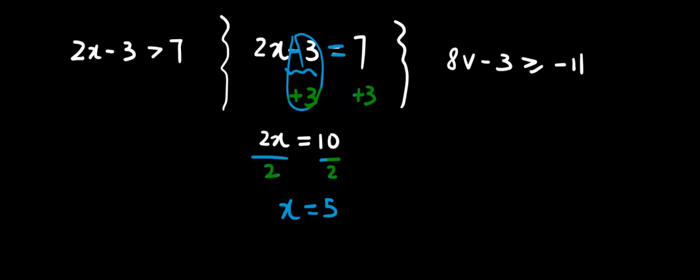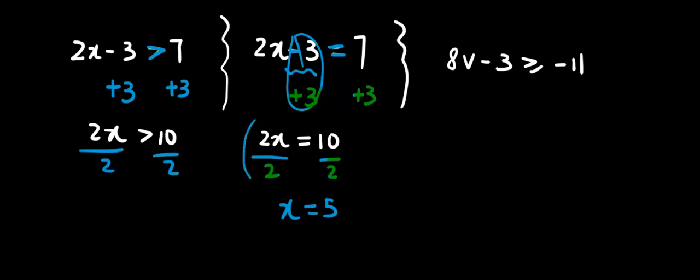Earlier we talked about the addition property of equality and the division property of equality. If we work on an inequality, we're going to use the addition property of inequality. And then we're going to divide by 2. Earlier right here, we said division property of equality. Now here we have the division property of inequality.